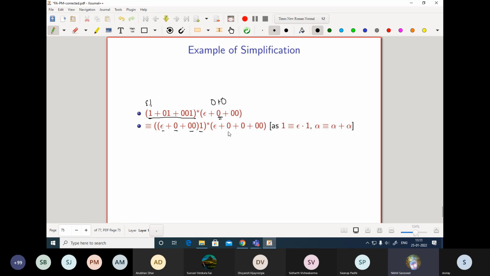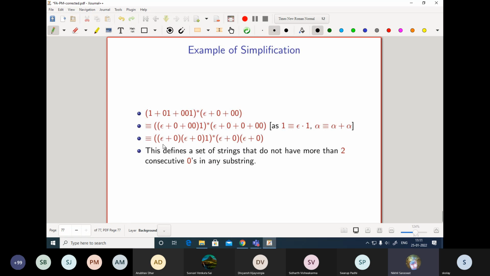And I have rewritten this expression with this 0 written twice. Okay, now this can be rewritten as epsilon plus 0 concatenated with epsilon plus 0 concatenated with 1 whole star, and then this can be rewritten as epsilon plus 0 epsilon plus 0.